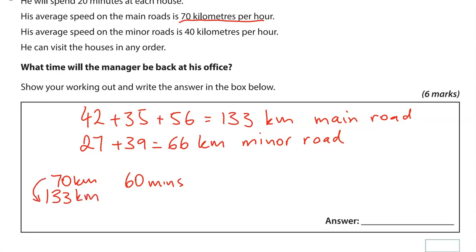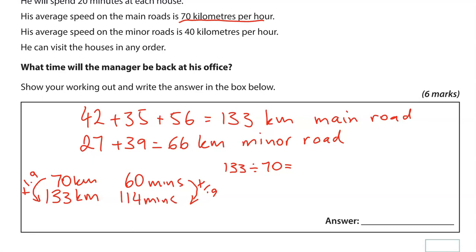What do you multiply 70 by to get to 133? So what we can do is 133 divided by 70, which is 1.9. So we'll do the same on the other side. 60 times 1.9 gives us 114 minutes.